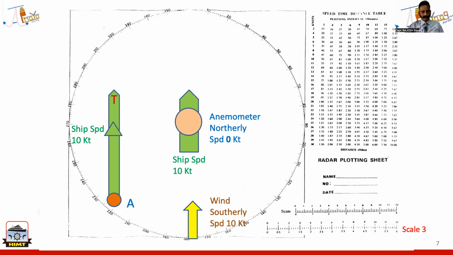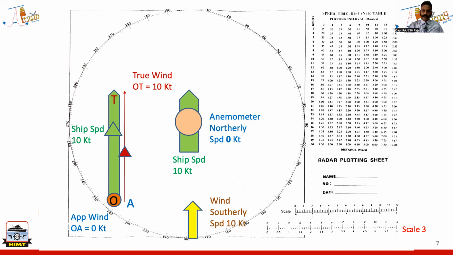So O to T has to be going in the same direction as the vessel because the wind is southerly. If that is 10 centimeters, what is OA? O and A are in the same spot. So you should get answer as 0. And this is what your anemometer is also going to show you. So these three examples were just to compare the rope concept and the real principle.